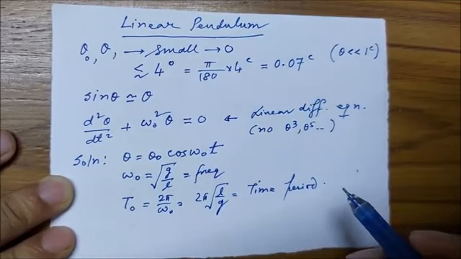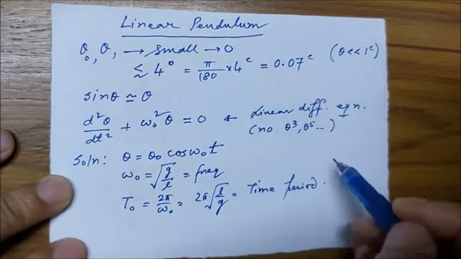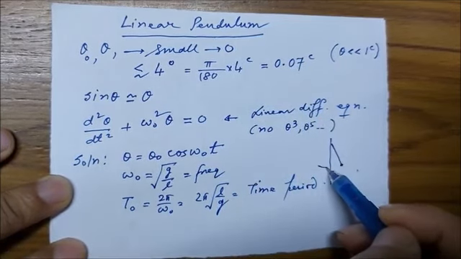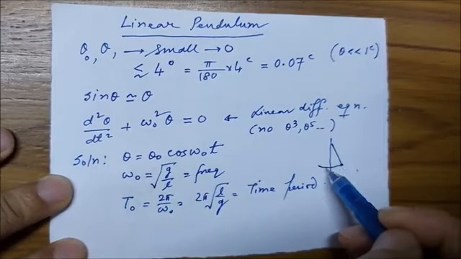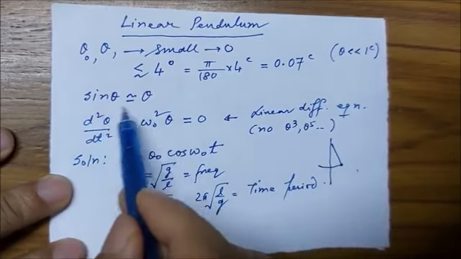So the main point is that the pendulum oscillates over a linear path. This path is nearly linear because of this linearity approximation.